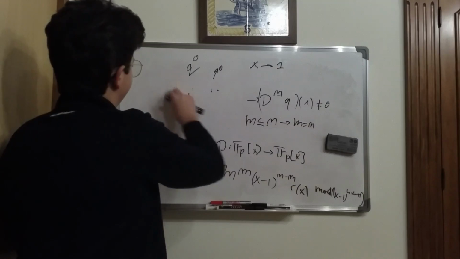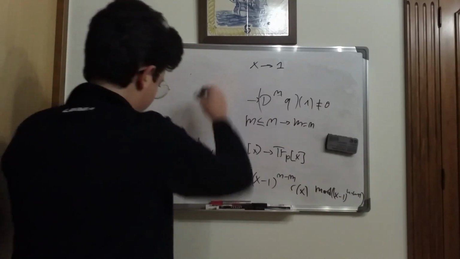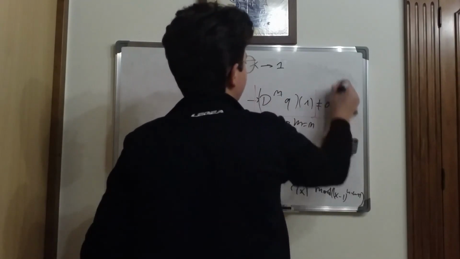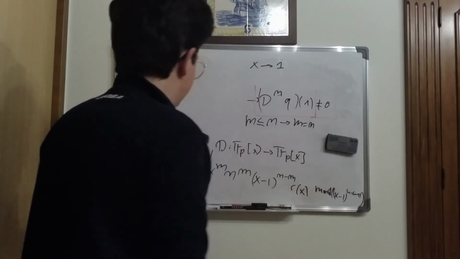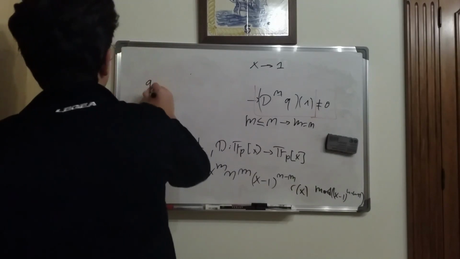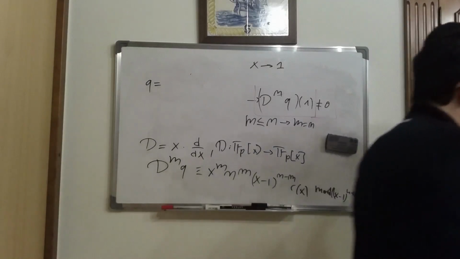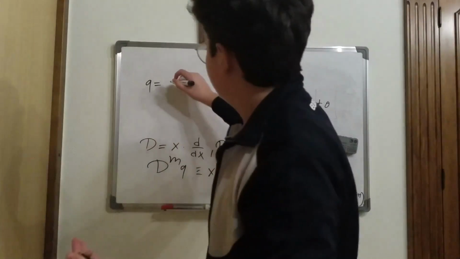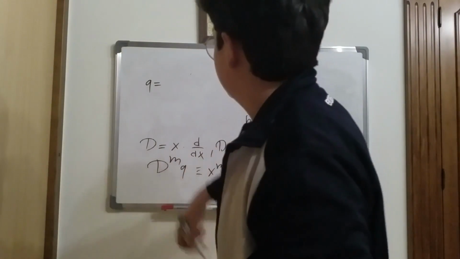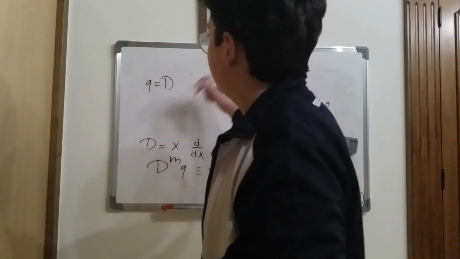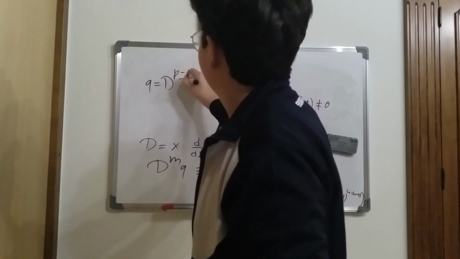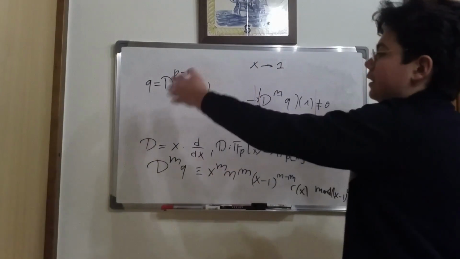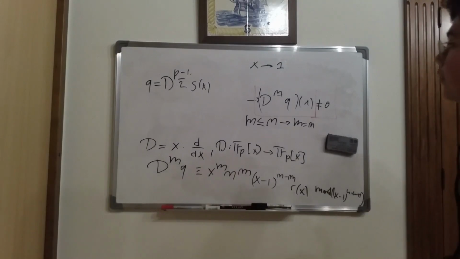Now, we can observe an important thing. What? We have that q is already a result of a derivative of another polynomial. In fact, I have this, s of x, where now this thing can be shown, of course.